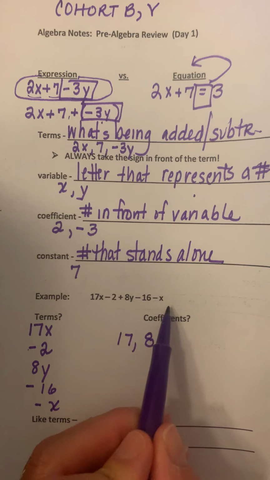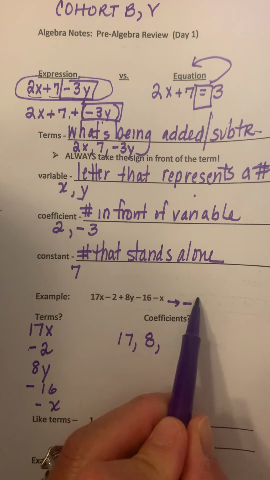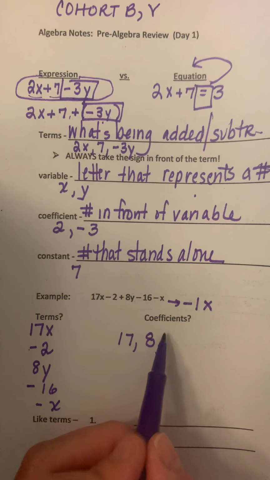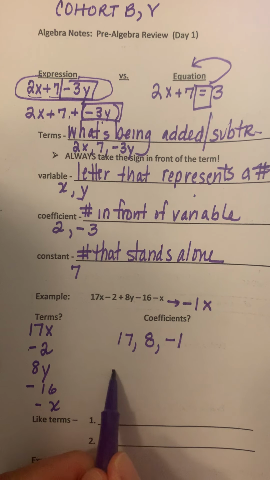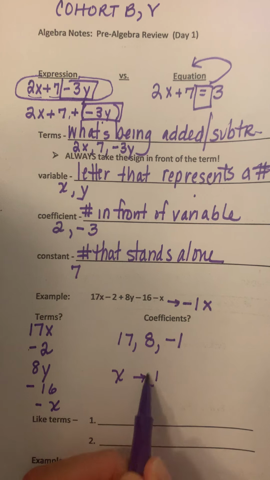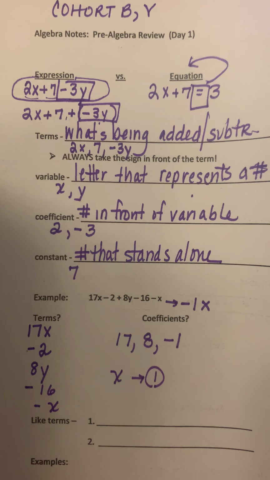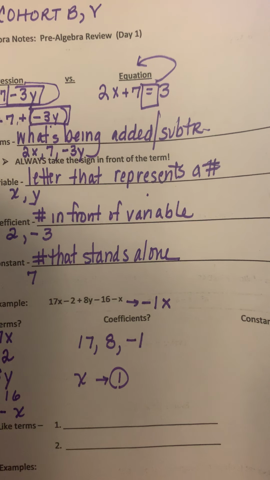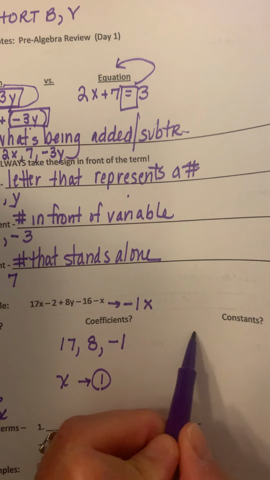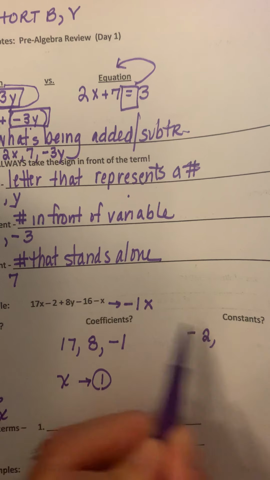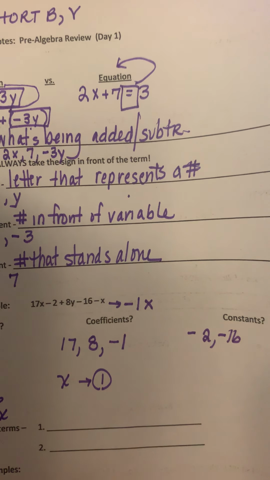This is a negative x, which could be rewritten as negative 1x. So your coefficient is negative 1. If you just had a positive x, the coefficient would be 1 because it's 1x. And then the last one is the constant. The constants are just the numbers that stand alone. So you have negative 2 there, and then negative 16.